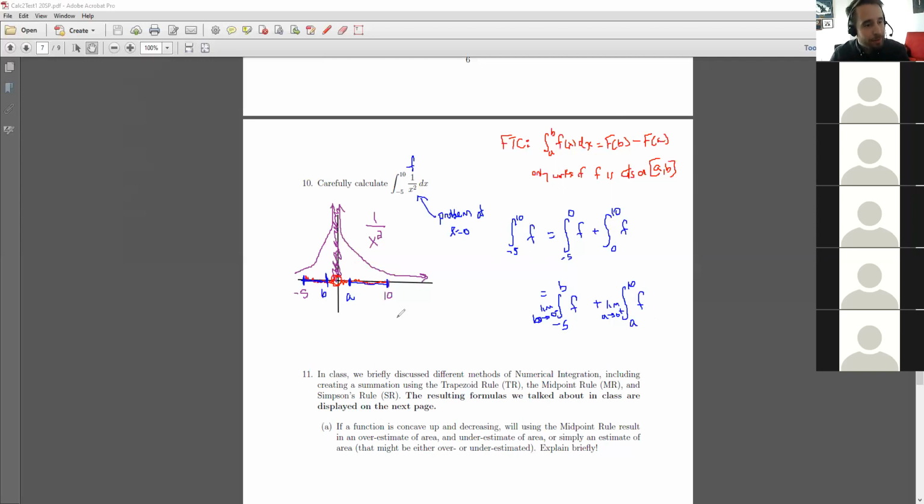If we did this, let's focus on this second integral, just because it's a little more intuitive. We would get the limit as a goes to 0 of that integral. Our work from before holds true. The antiderivative of 1 over x squared is negative 1 times x to the negative 1.